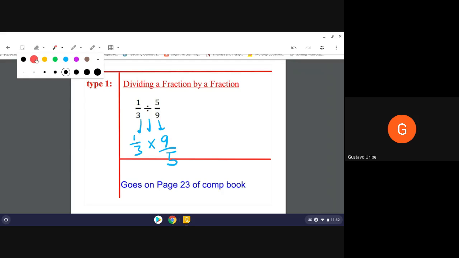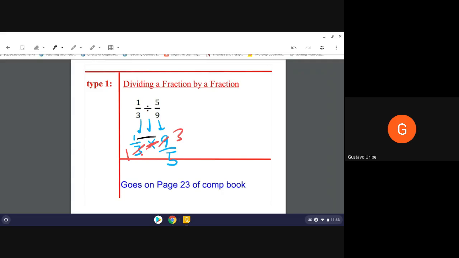Now I'm going to check diagonally. So I see 3 and 9 do have factors in common. Their GCF is 3. So 3 divided by 3 is going to give me 1. 9 divided by 3 is 3. And now 1 and 5 don't have any factors in common besides 1.